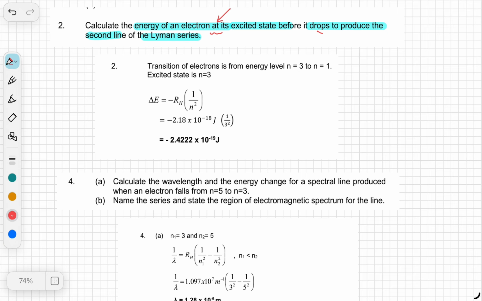So from meter, you want to convert to nanometer, you just times by 10 to the power of 9. Okay, but from nanometer, you want to convert to meter, you have to times by 10 to the power of negative 9. So please remember that.